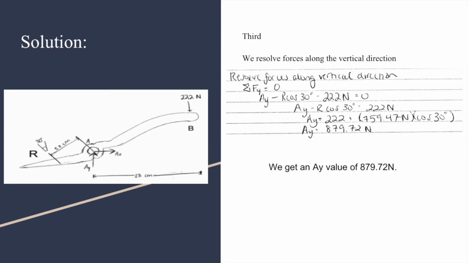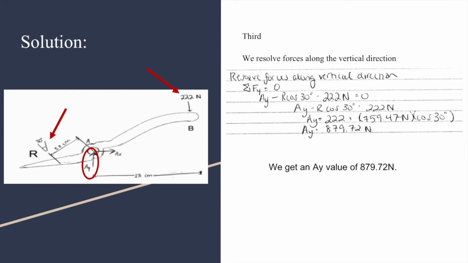Then we do the same thing only along the Y, the vertical direction. So the sum of the forces in the Y direction has to equal 0 as well. In our Y direction, we have to include A sub y, same as before, R and the angle. But this time we also have to include the force applied because it is also in the vertical direction.